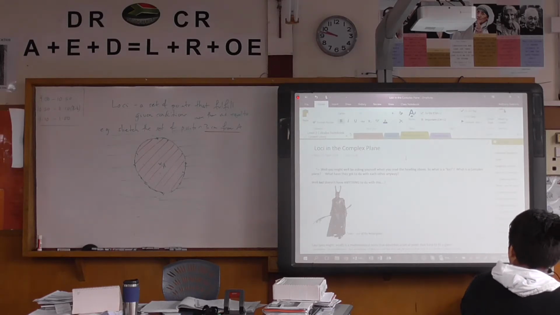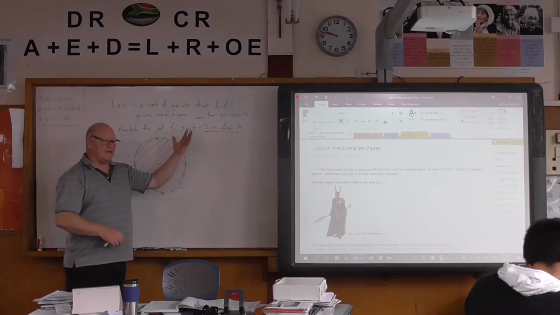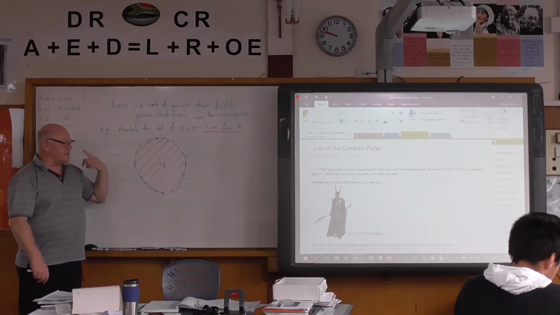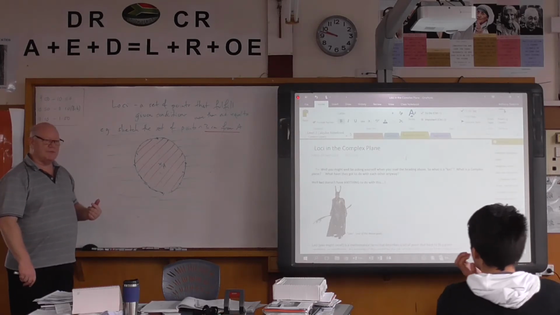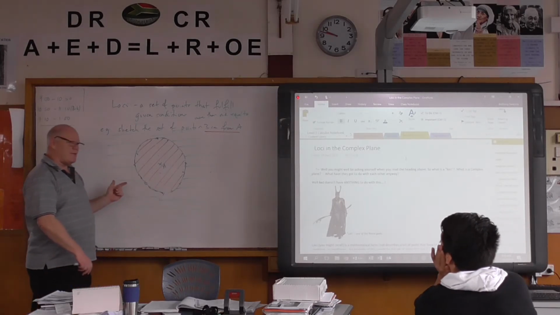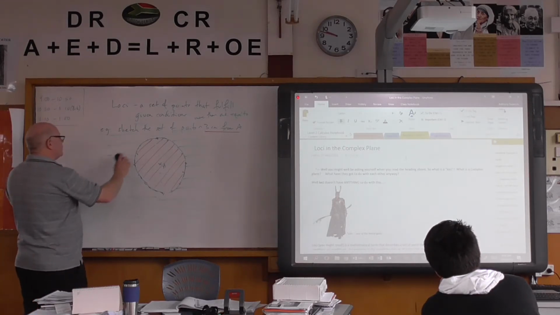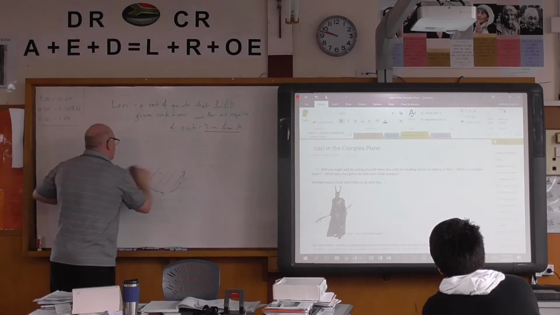So coming back to this point, the loci definition: a set of points that fulfil a condition. Now, we're going to have a look at this in the context of complex numbers. Circles are going to come up quite a bit in some of the answers here. Another very typical situation would be this one.